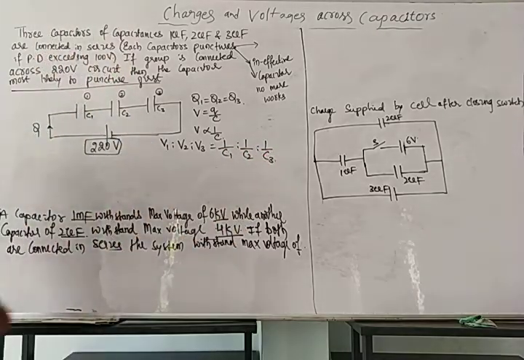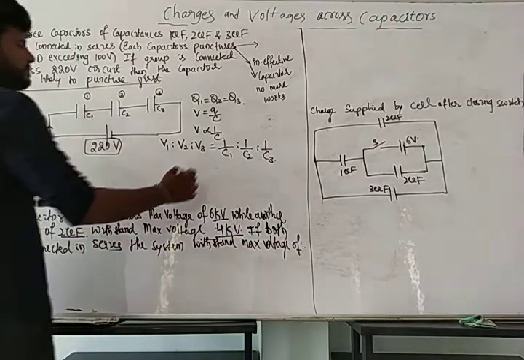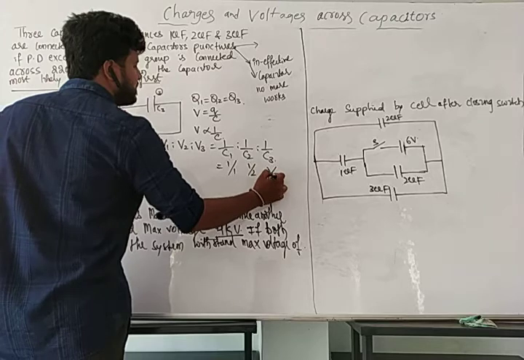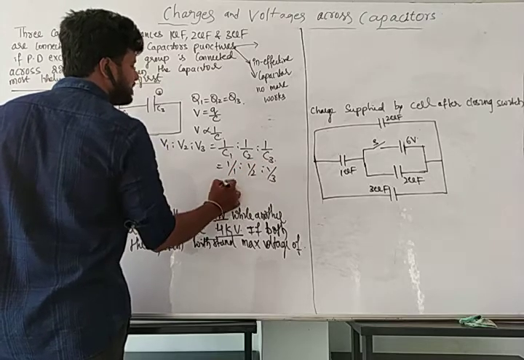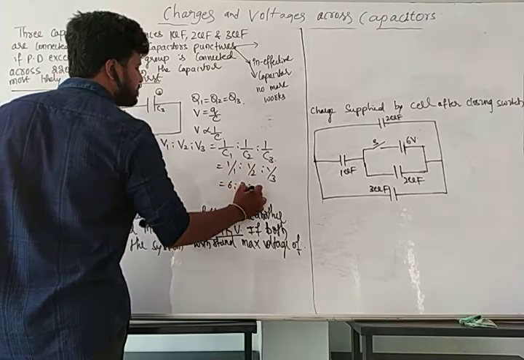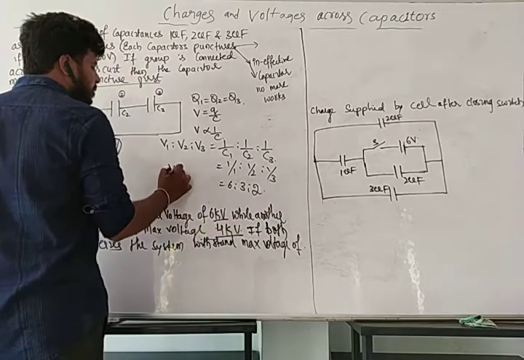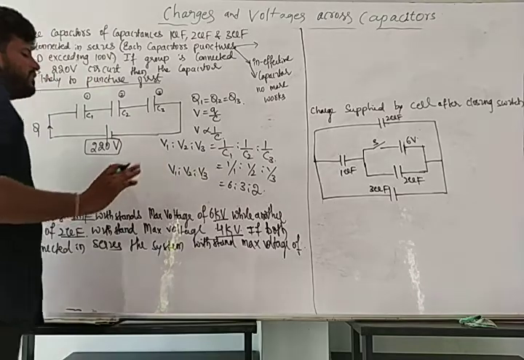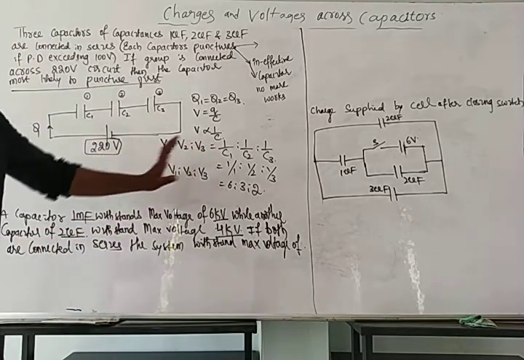Substitute the values, what will we get? 1 by 1, 1 by 2, and 1 by 3. If you do this you will get 6 is to 3 is to 2. It means the potential drop across the capacitors will be in this ratio.